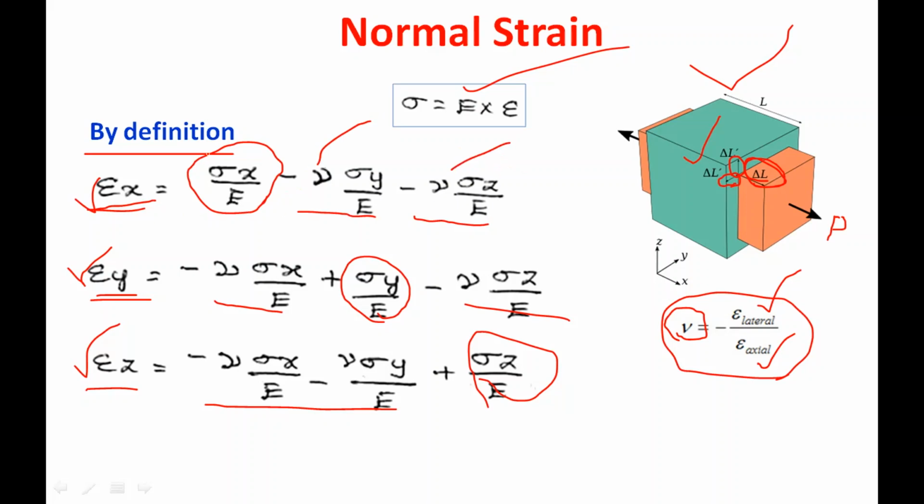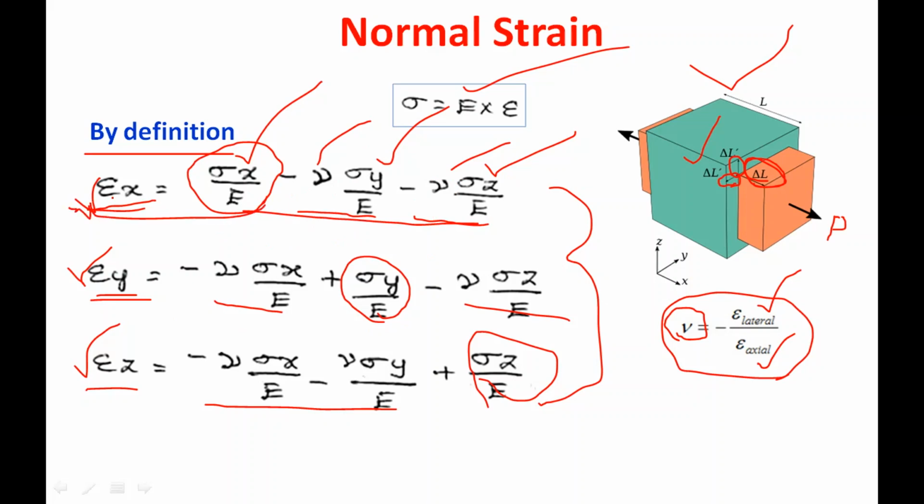Now, what we require is the expression for sigma x, sigma y and sigma z. These are called normal stresses. We have three equations for solving for these three, sigma x, sigma y, sigma z. If you take this E which is common, then multiply with this epsilon, then we can rearrange this equation.